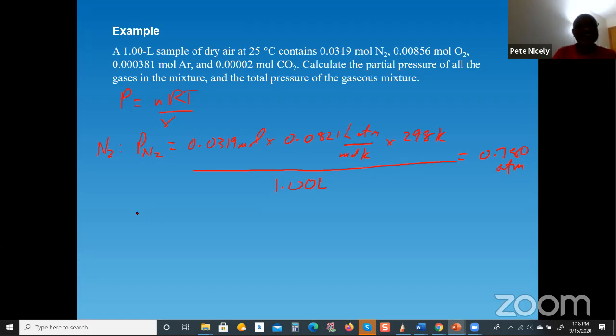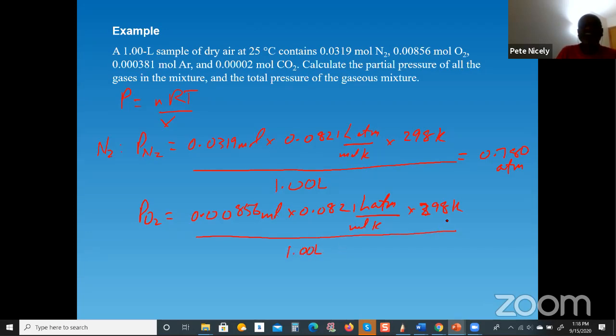I hope I have enough space here. The pressure of oxygen would be equal to the moles, which is 0.00856 moles times 0.0821 liters atmospheres over mole Kelvin times the temperature, which is 298 Kelvin, all divided by 1.00 liters.